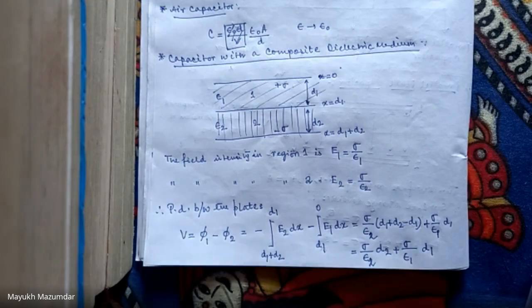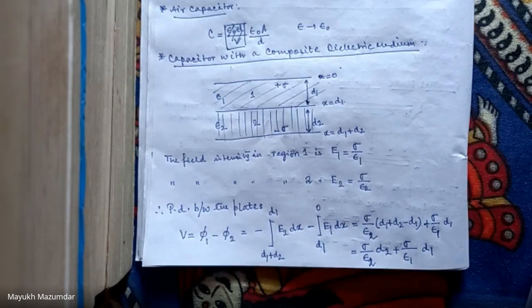Did you get this thing? It's minus in the E1, sir. Here, for E1. Oh, you changed the limit, sir. Right, the limit has been changed. Is it okay? Then it should be 0 to d1.